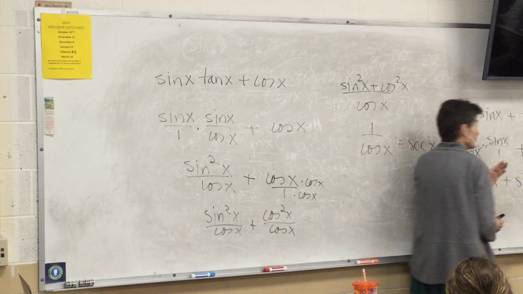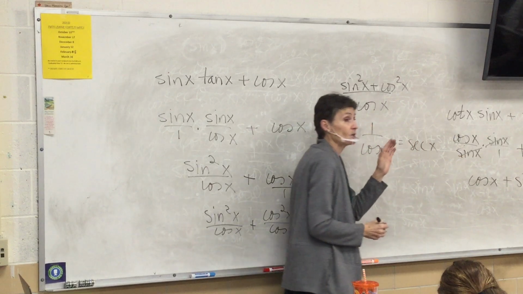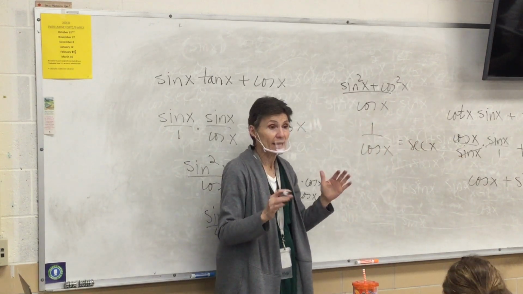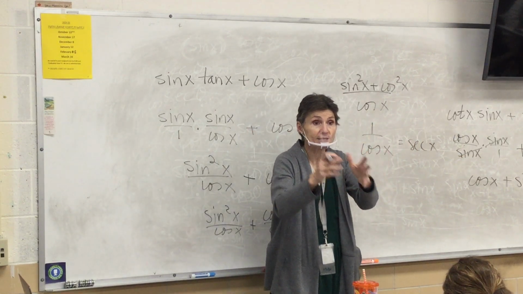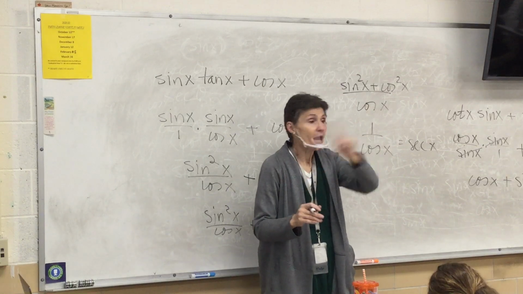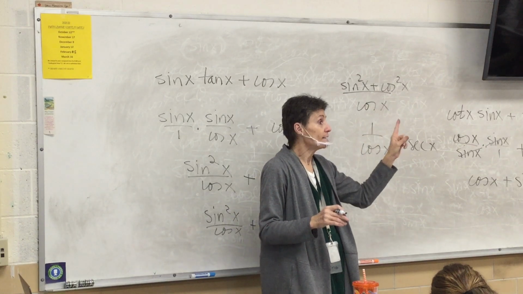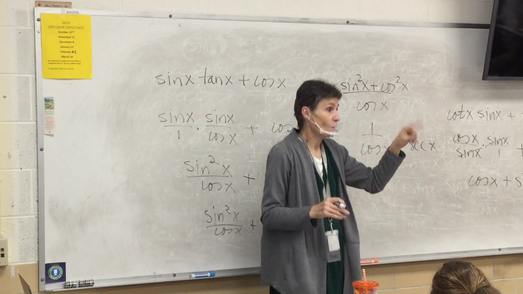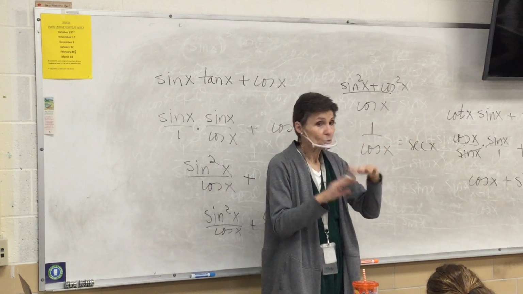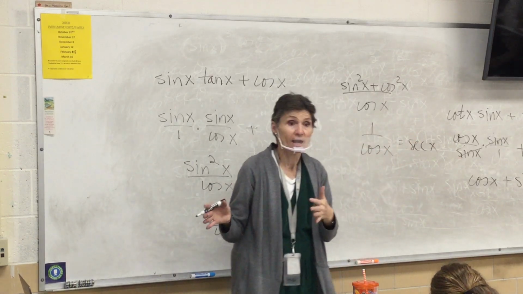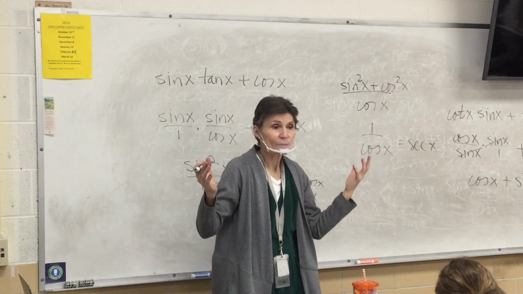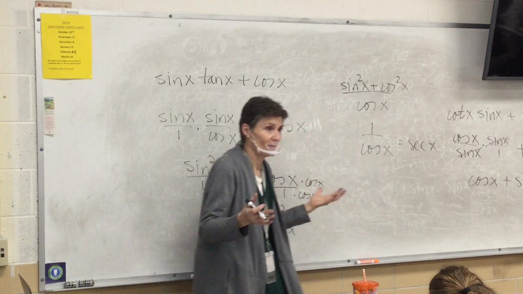Now, be careful, it's not cosine over sine or anything like that, it's cosine plus sine. That is not 1. To make it a 1, they have to be squared. When they're not squared, they're nothing, they're cosine plus sine. That's it. You can't do anything else, you've simplified it.